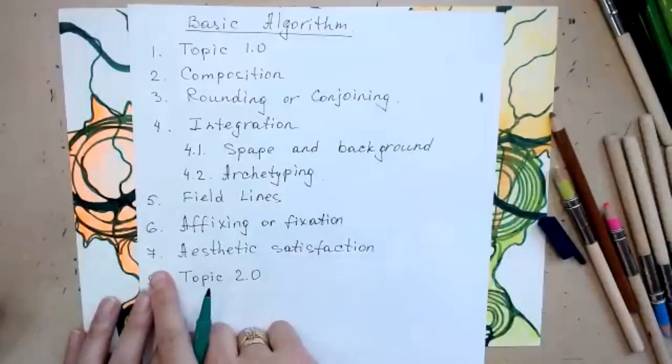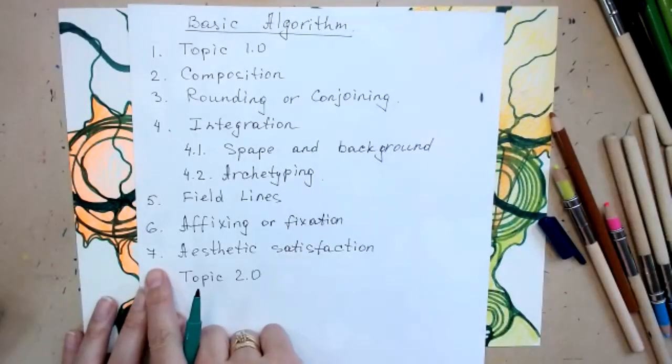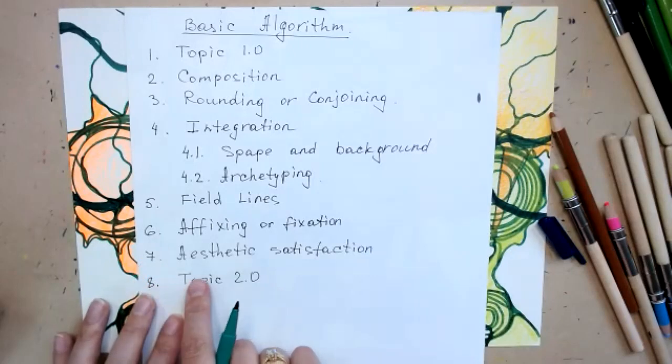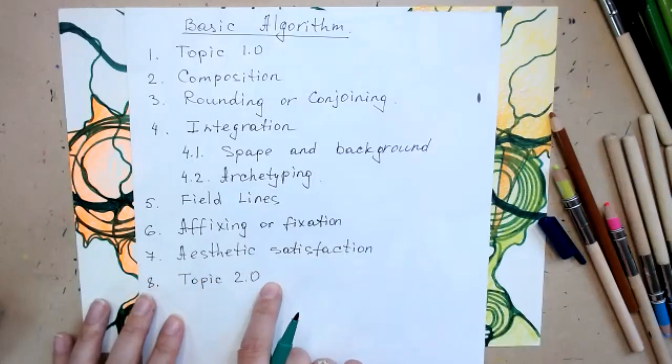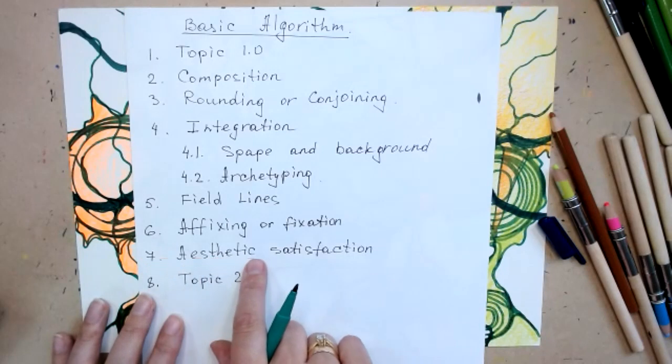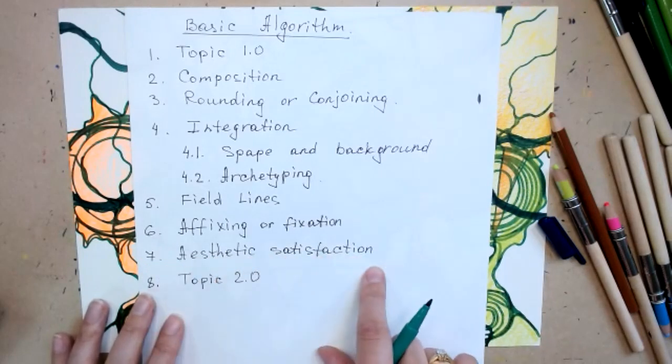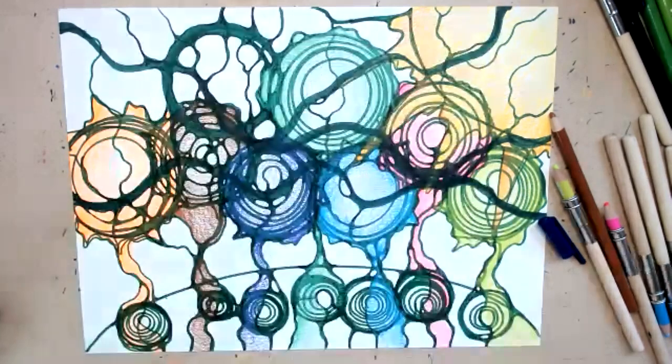And the only new step that we have is instead of step number 7, which was topic 200, now we have aesthetic satisfaction. The name can be changed, but the meaning of it is that we need to finish the drawing until we are visually, aesthetically satisfied with the process.